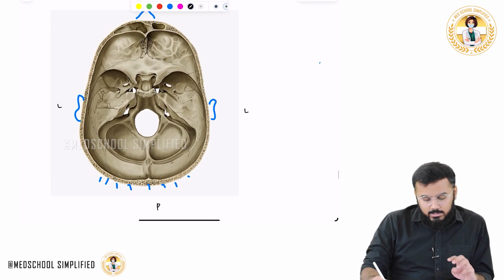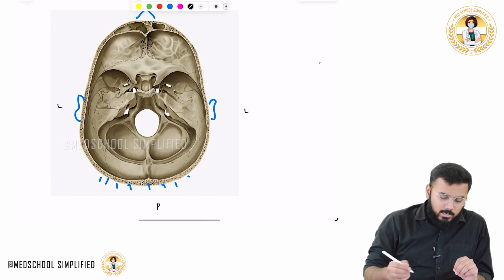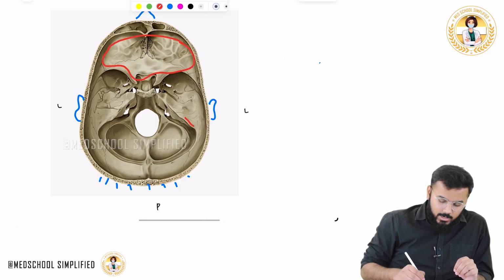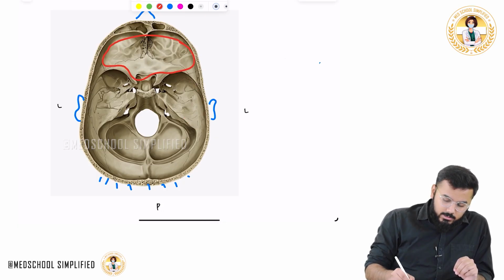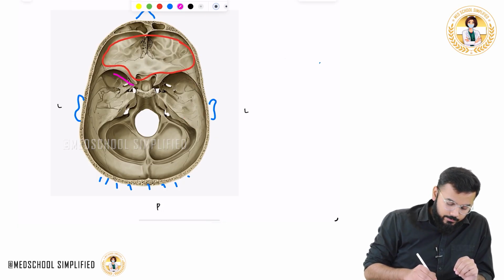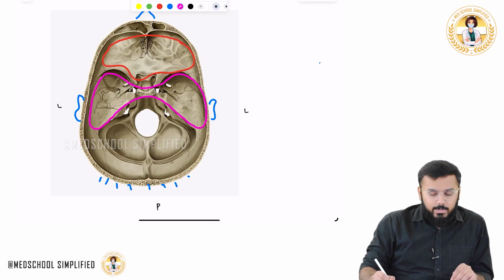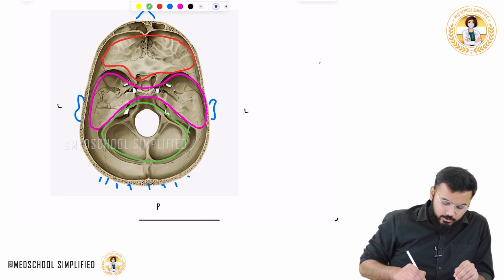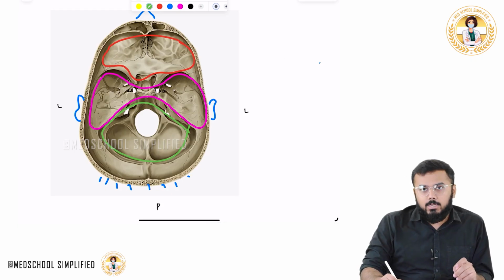Now here also you can see three important cranial fossas. This cranial fossa is the anterior cranial fossa, this part is called the middle cranial fossa, and after that this particular cranial fossa over here is called the posterior cranial fossa.